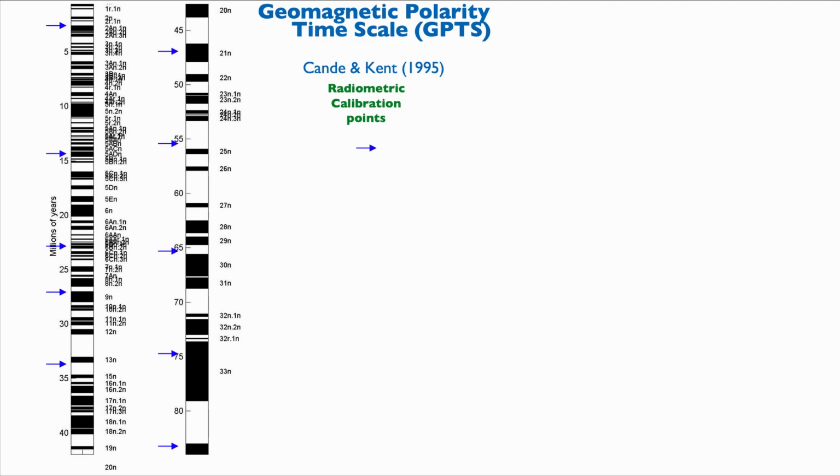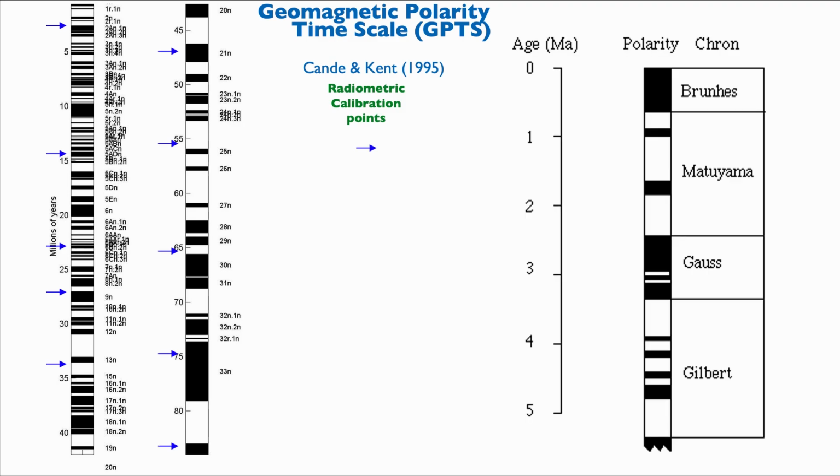And with the absolute dating, they then could do some simple linear interpolation, assuming that the spreading rate was constant, and they came up with an absolute age for the different crons, or the polarity crons, that they have uncovered. So here you have the last 5 million years of crons.